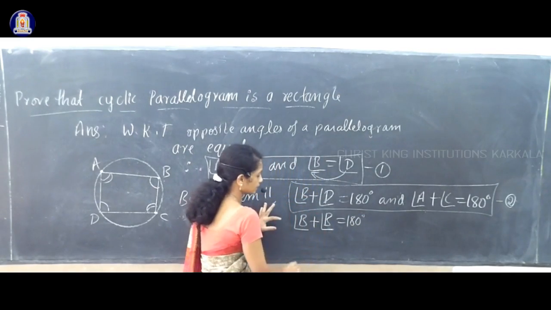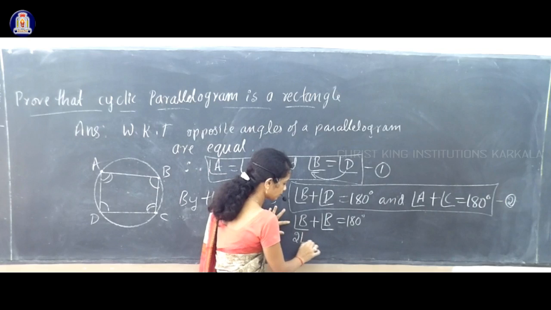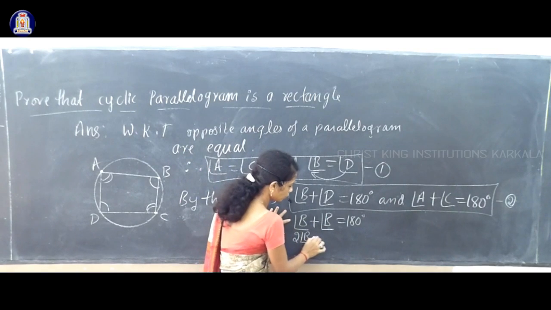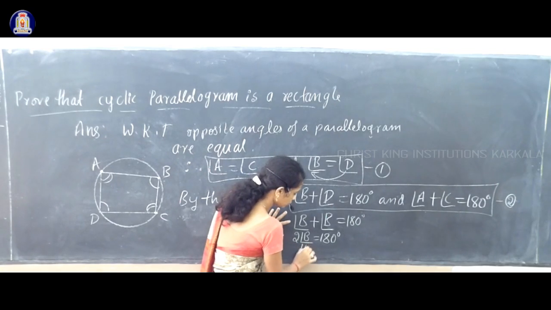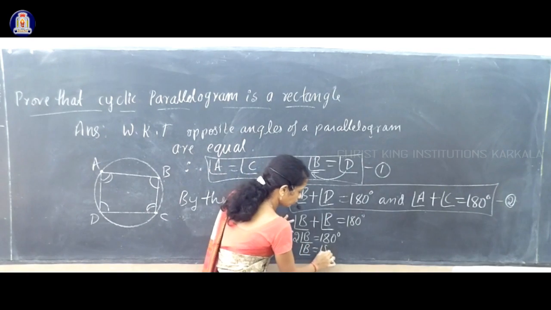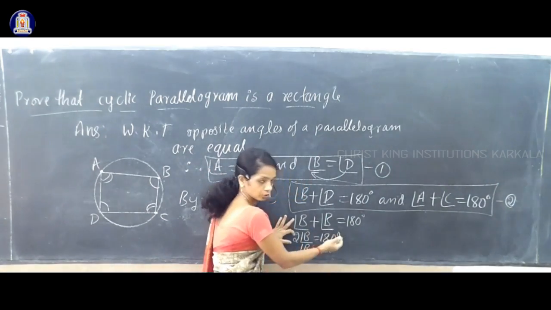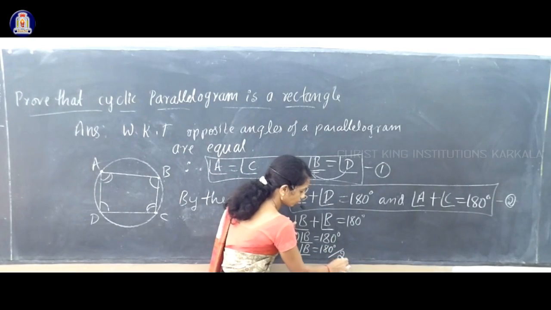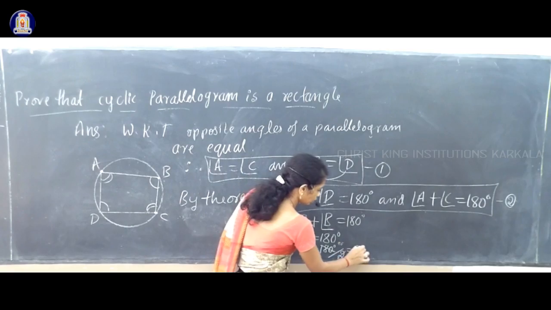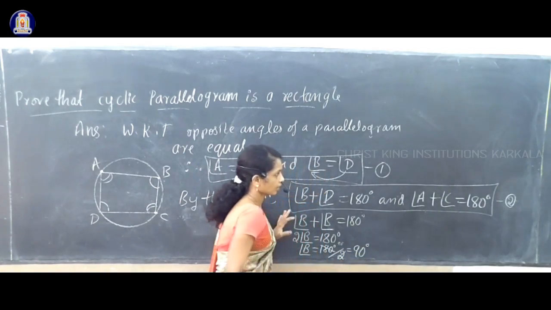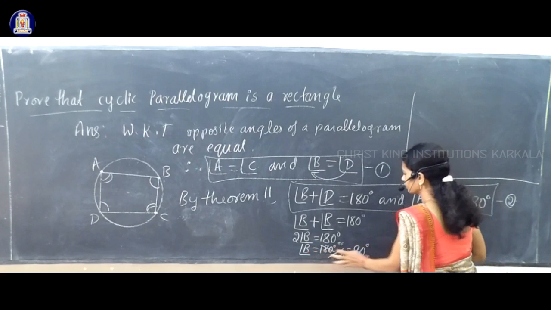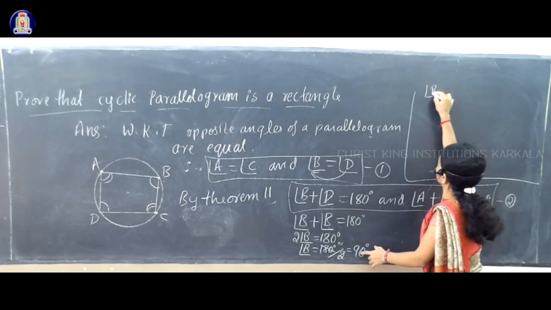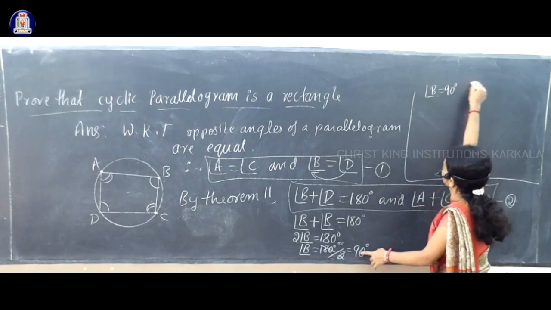And angle B plus angle B, how many times is angle B added? 2 times. So 2 times angle B is equal to 180 degrees. So that gives angle B is equal to 180 degrees divided by 2, and 2 ones are 90. That is equal to 90 degrees. So here we got angle B is equal to 90 degrees.